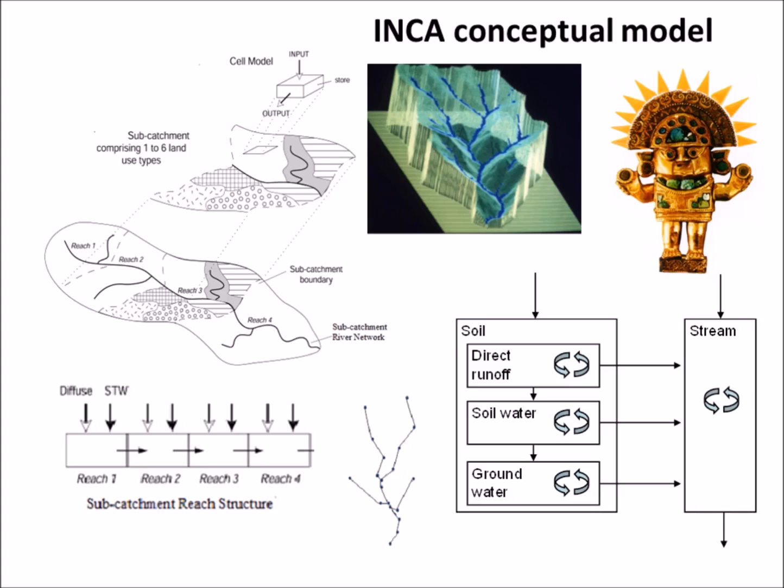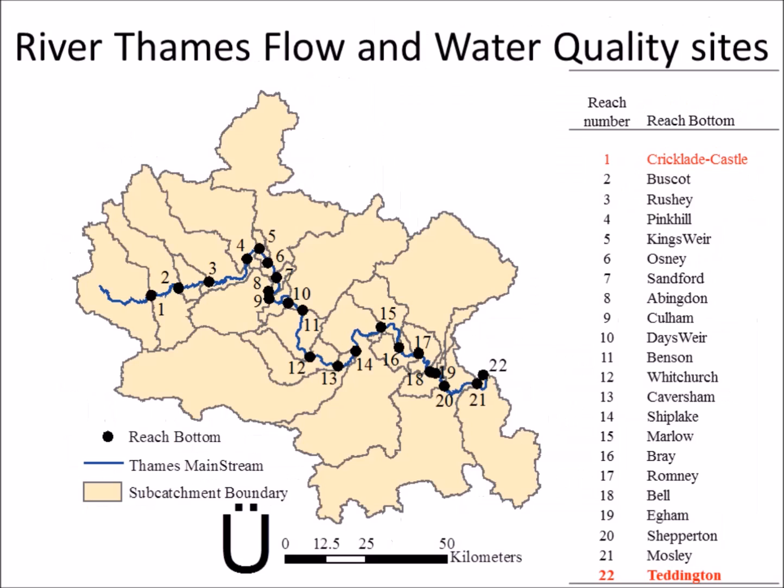And the idea is that it's process-based, so we try and capture the dominant mechanisms operating in the soils and the streams. There's always an issue of how complicated you make the models. We try and capture the main dynamics, dominant modes of behaviour, so we don't make the model too complex. But you're dealing with chemical reactions and reaction kinetics, so inevitably you need a bit of complexity to make sense of the processes.